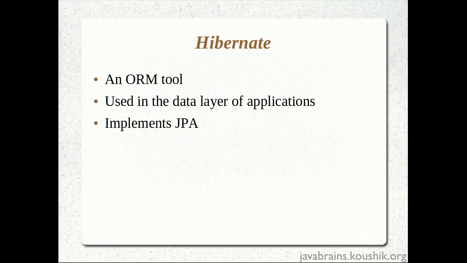So what this means is that it follows the rules that have been set in the Java Persistence API specification, so that later, if you don't want to use Hibernate, you want to use some other provider which implements the same Java Persistence API, you can do that with minimal code changes. We'll have a look at what these are in more detail in the subsequent tutorials. But first, let's try to understand what an ORM tool is and why it's required.